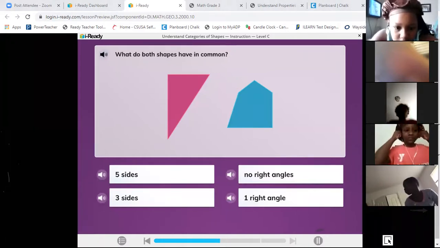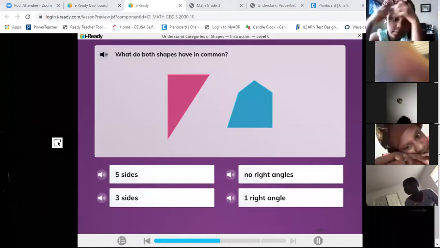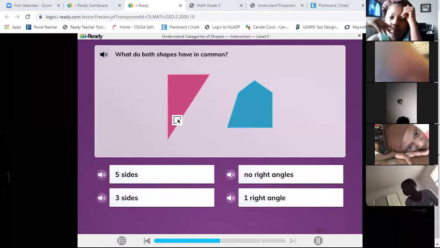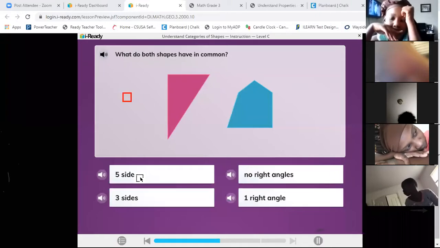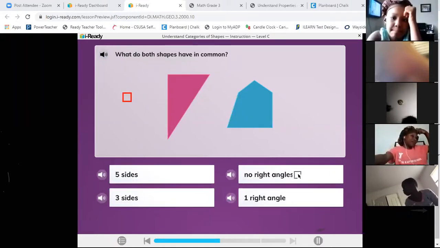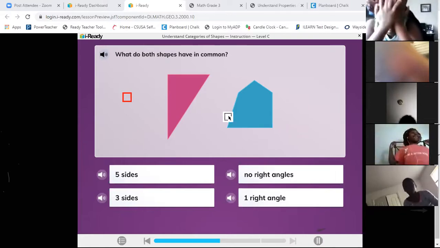So look at both of these shapes. We have this triangle and this pentagon. What do they both have in common? What's the same? So again, I'm gonna put our little right angle checker here. Do they both have 5 sides? Do they both have 3 sides? Do they both have no right angles? Or do they both have 1 right angle?